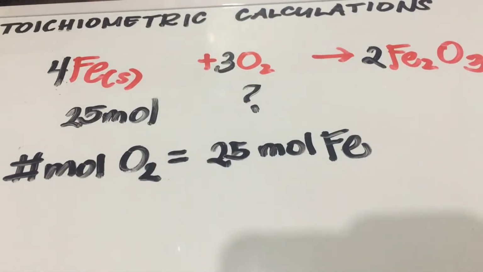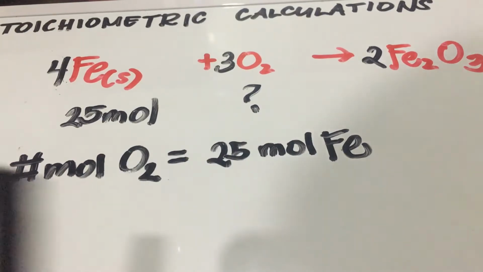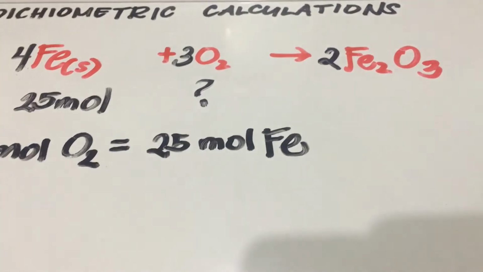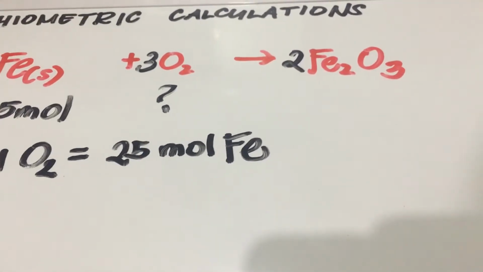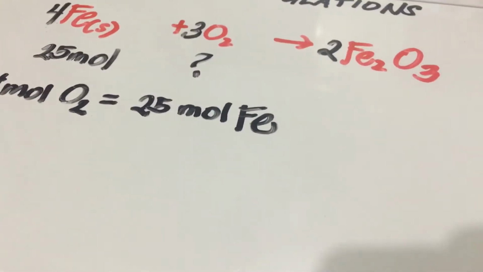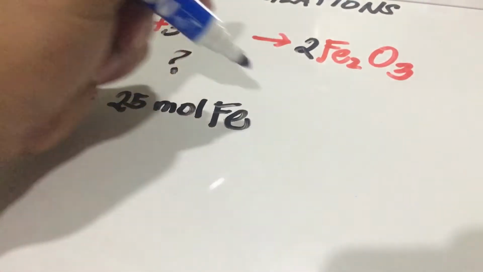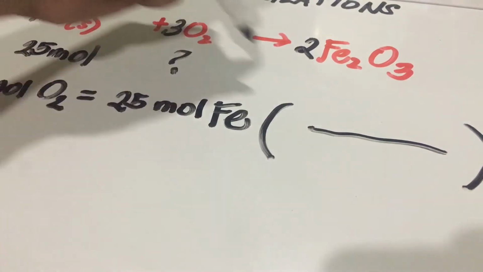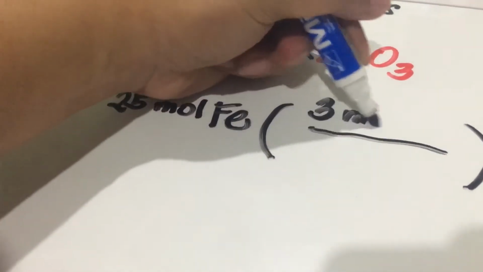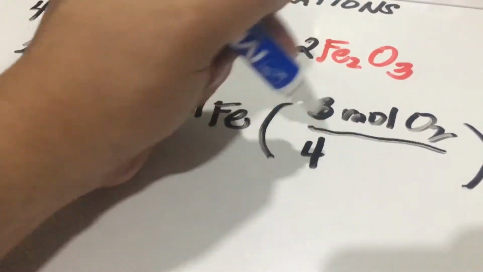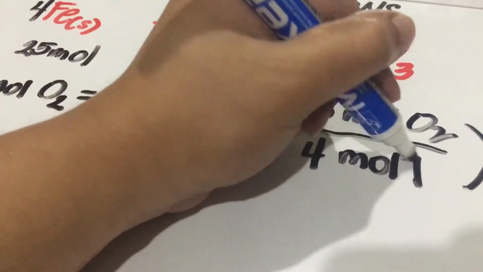Alright, so 25 moles of Fe, and then after that, since we are given the moles of Fe and we just have to get the number of moles of O2, then we can use directly the mole ratio. And we know from our balanced equation that 3 moles of O2 will react with 4 moles of Fe, right? 4 moles Fe.